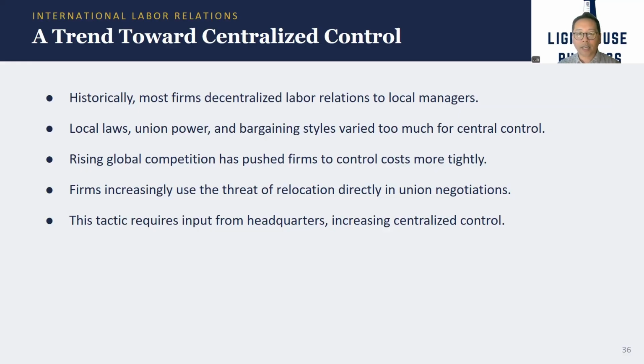Because this kind of tactic involves major investment decisions and potential plant closures, it requires direct input from company headquarters, which naturally increases the level of centralized control over labor relations.